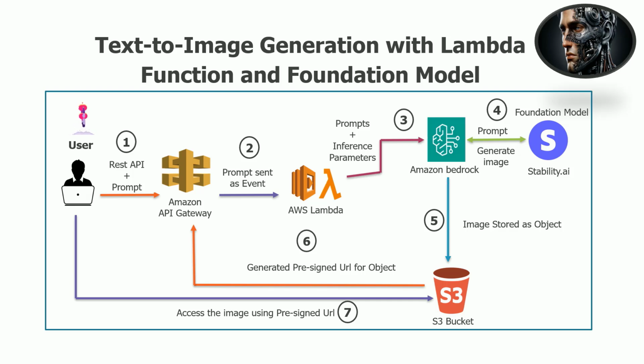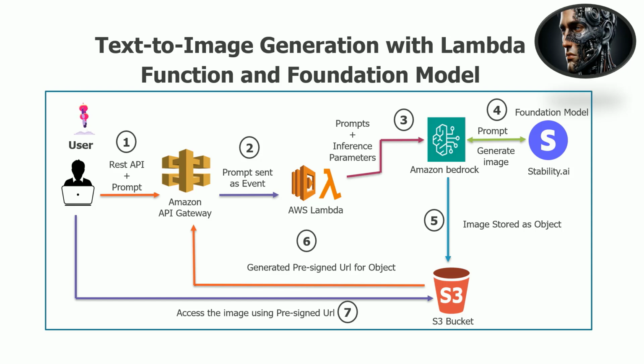So that request will go to the model and that model will respond back, and then the picture will go to the S3 bucket, and then the request will go to the Amazon API Gateway via the pre-signed URL. So it may take some time. So better to increase the timeout value.